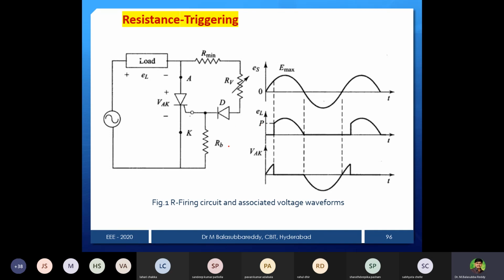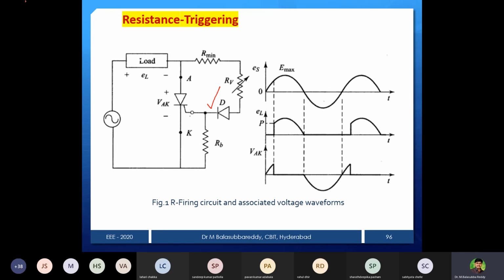And what is the function of the diode here? The diode will prevent the negative pulses. Because during the negative half cycle, if there is no diode, what will happen? Negative current passes through the thyristor. But during the negative half cycle the thyristor should not fire. The thyristor has to fire only during the positive half cycle. Passing gate current in the negative cycle is unwanted, and that causes power dissipation in the gate terminal.